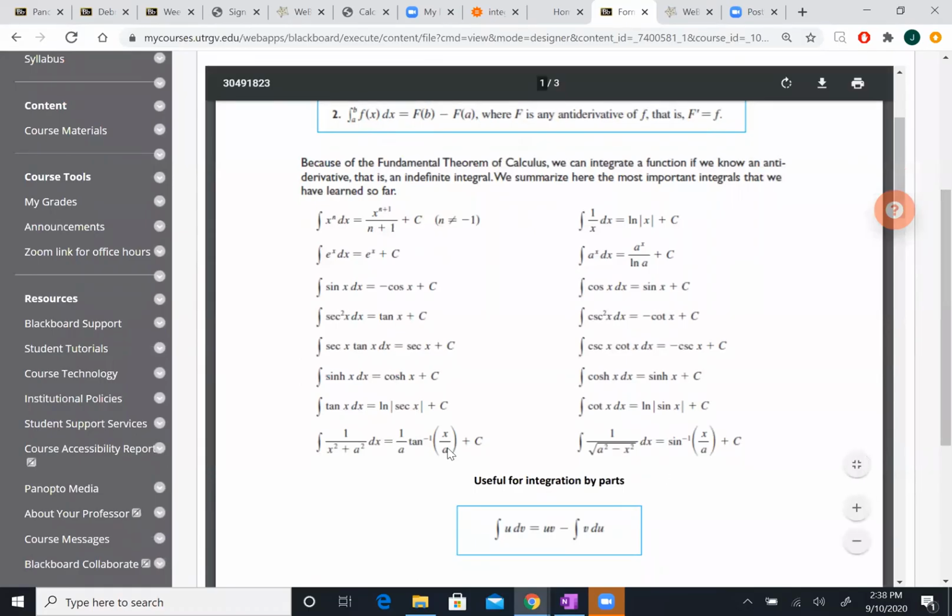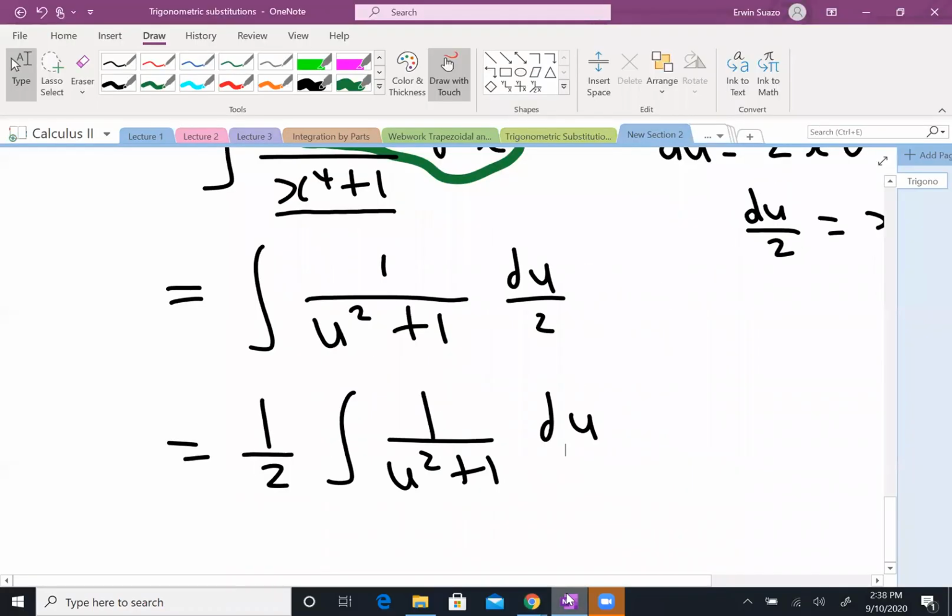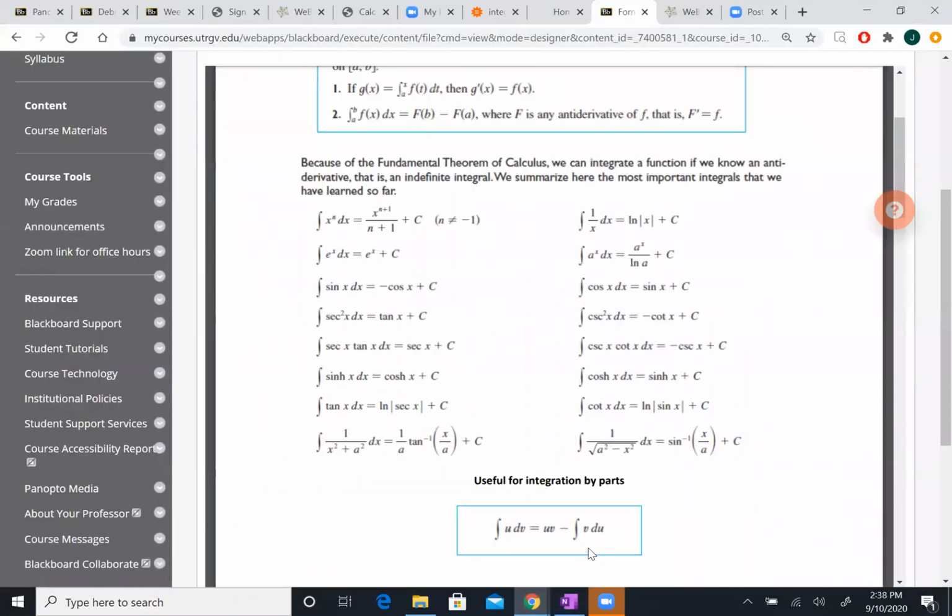What is the antiderivative of 1 over u squared plus 1?